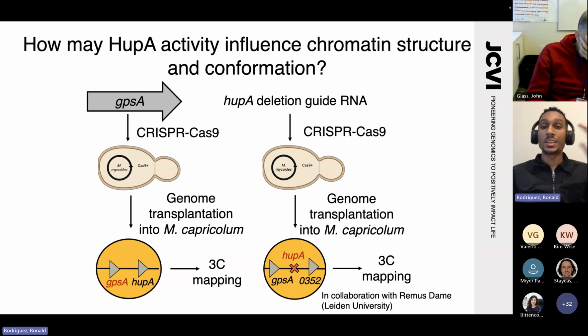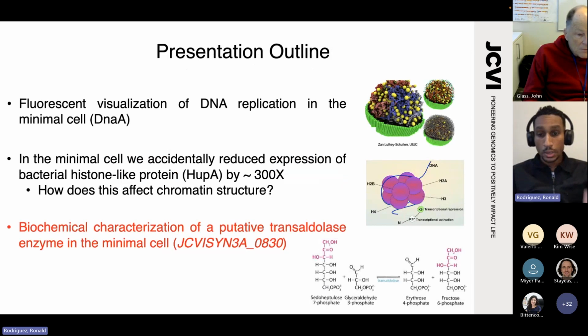By significantly reducing Hub-A expression, we think that we have created a cell that resembles a primordial cell that emerged early in the evolution of life, specifically at a point where cells did not have sophisticated ways of organizing their chromatin. And by studying such a system, we think we can provide insight as to what those cells look like at that given time. Next, I'm going to talk about this transaldolase story.